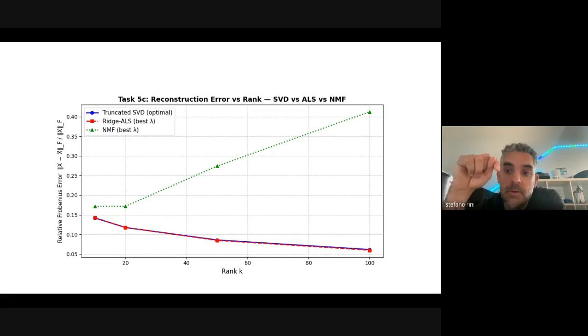So instead of starting from the original matrix X, I will take X minus the approximation that I obtained for the first 20 bases, and I apply NMF on the error matrix. Does it make sense?